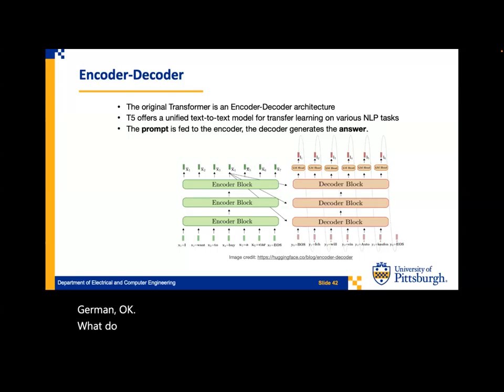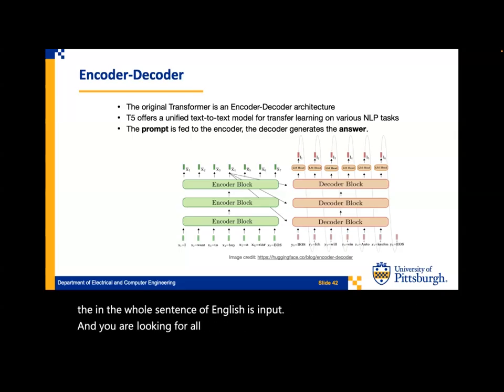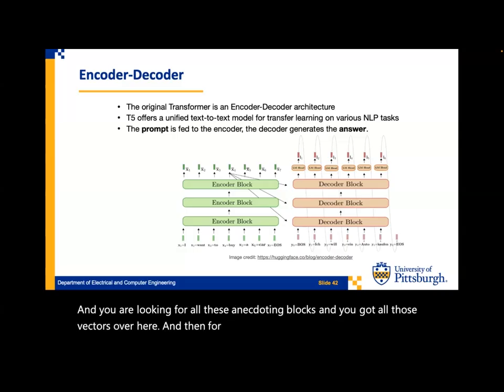What we have is that the whole English sentence is the input. You are going to do all these encoding blocks, and you get all those vectors over here. And then the decoder block is the part where you start to generate the German words, right?